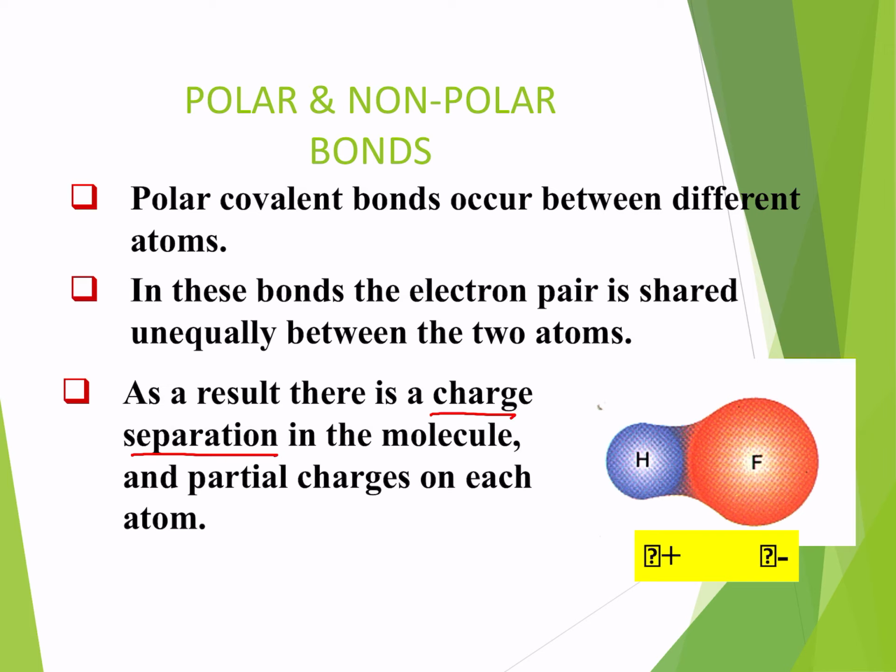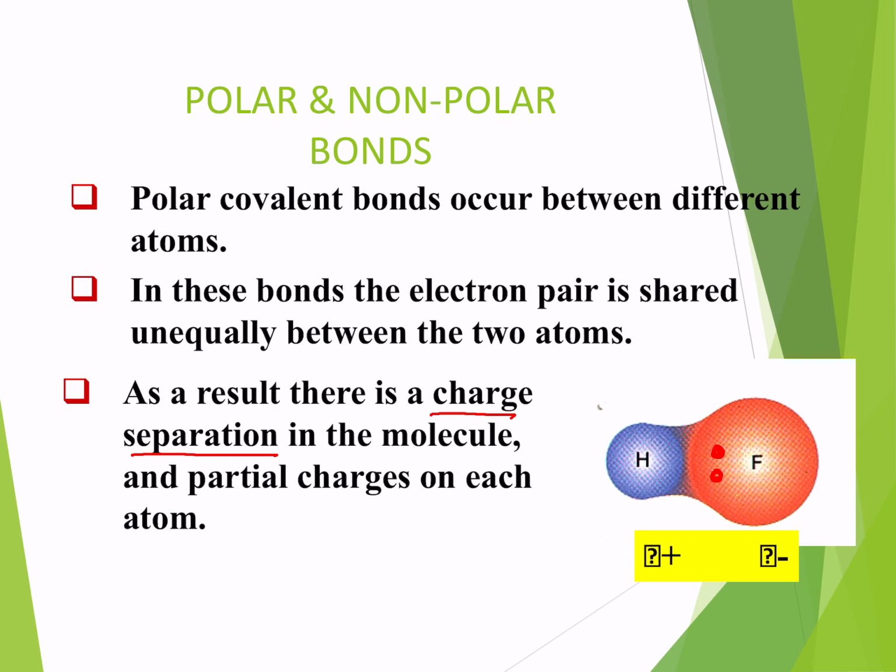We've talked a lot about fluorine. Fluorine is the most electronegative atom on the periodic table. Since fluorine is more electronegative than hydrogen, the electrons will sit closer to fluorine rather than right in the middle, because fluorine has a greater ability to pull those electrons towards it. It has a larger electronegativity.